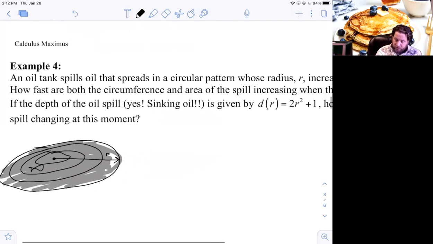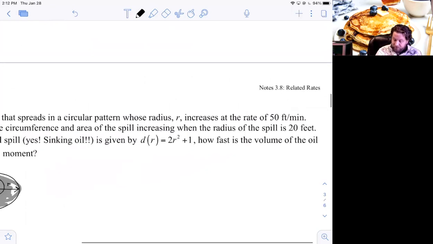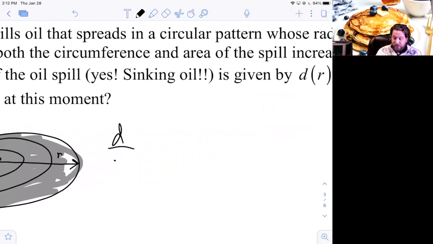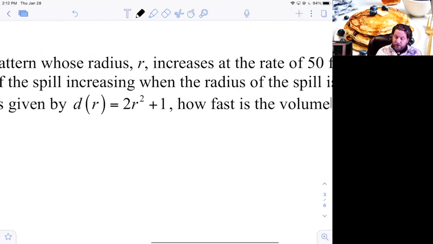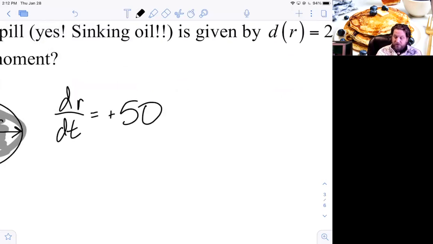An oil tank spills, and its radius R, so I called it R, increases at 50 feet per minute. So that's d what dt? If the radius R is increasing, it's dr/dt. And if it's increasing, of course, then it's positive. I'll go ahead and put feet per minute here because writing it down is me consciously thinking about the units.